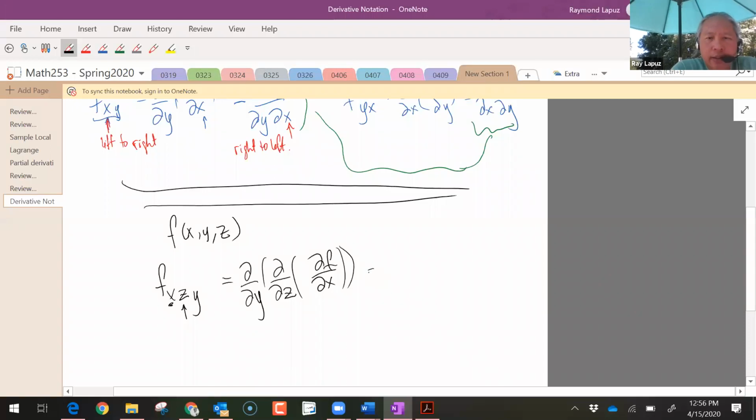And so now you can see where all these pieces of the notation come from. So the partial, there's 1, 2, 3 d's of f, and then dy, dz, dx. So if you just remember that they're opposites of each other, they go backwards, then that's all you need to remember.